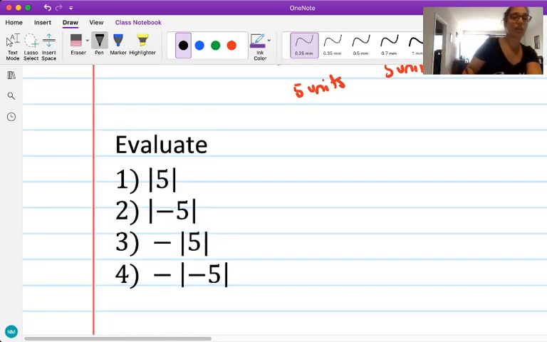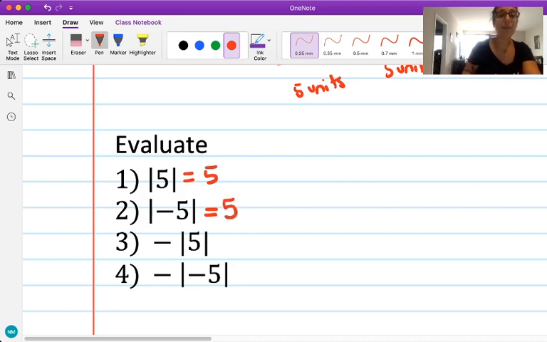So, like we just said, the absolute value of 5 is going to be 5. The absolute value of -5 is also going to be 5 because -5 is 5 units away. Now, what happens if the negative is on the outside? Just like with x, where -1x is the same thing as -x, that -1 doesn't really show up. It comes up as just a negative.